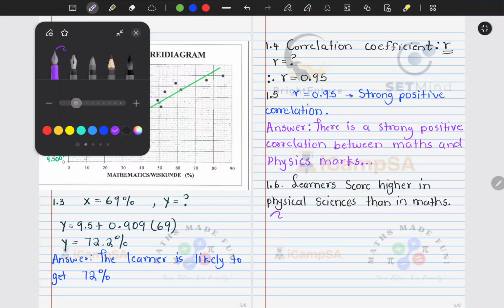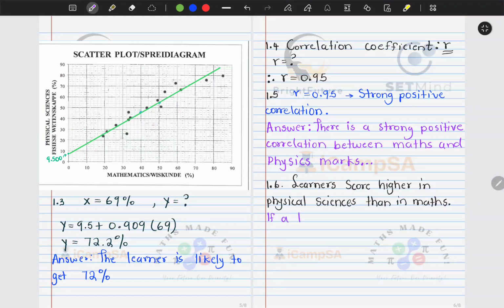We can further say if a learner is getting, let's say, mark X for maths, they will get a mark greater than X for physics.